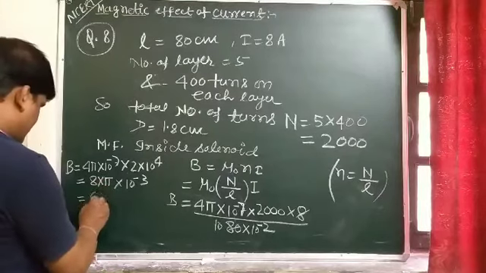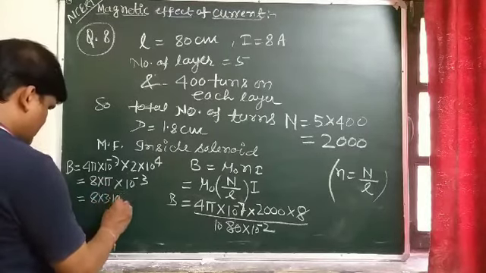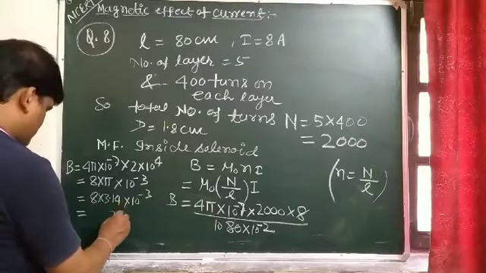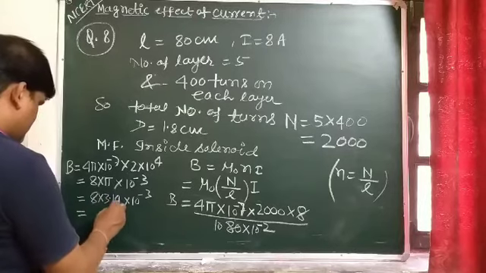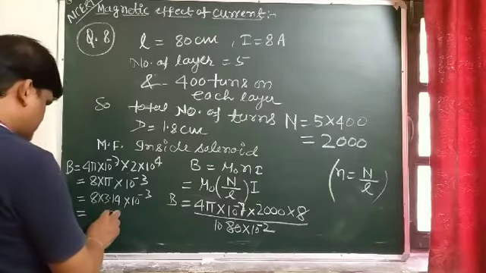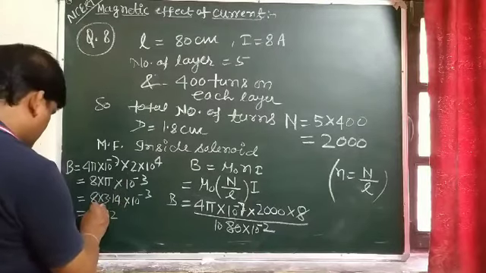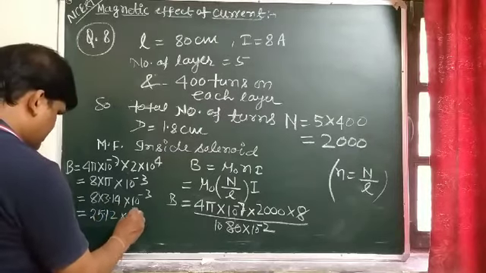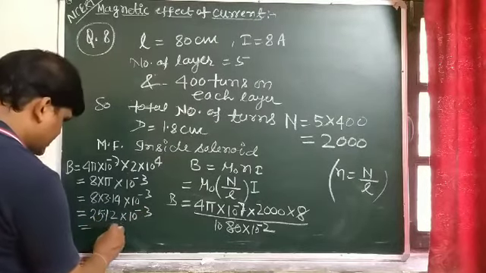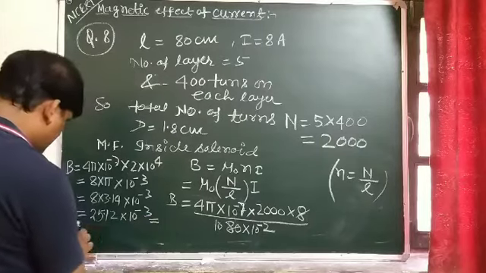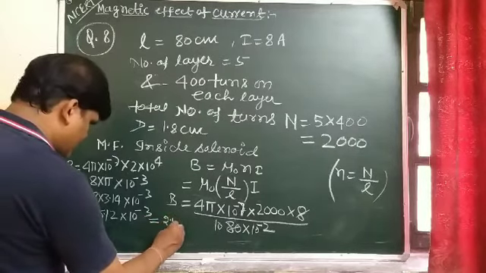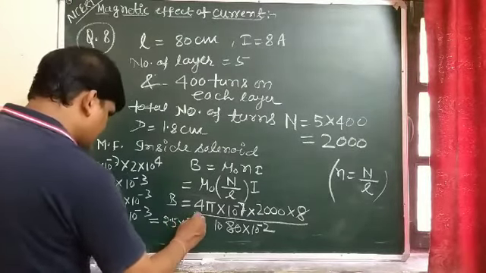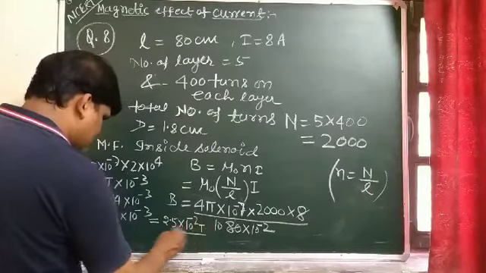And 8 into 3.14 into 10 to the power minus 3, that is 25, and this is 10 to the power minus 3, and it can be written as 2.5 into 10 to the power minus 2 Tesla.